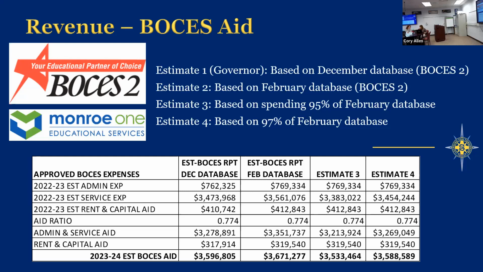And then 3 uses 95% of that number, or 4 uses 97% of that number, and I would say here on the side of caution, I would say 97%. I'm agreeing with you. Thank you for articulating why.